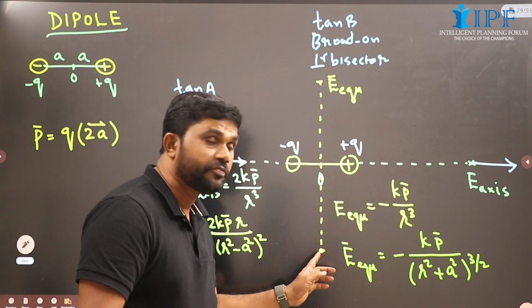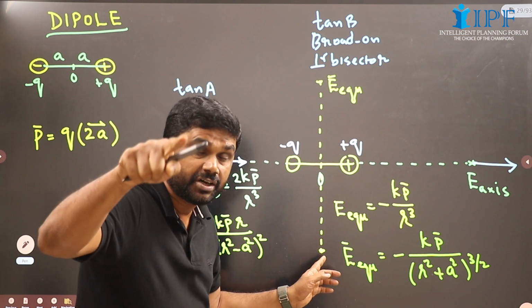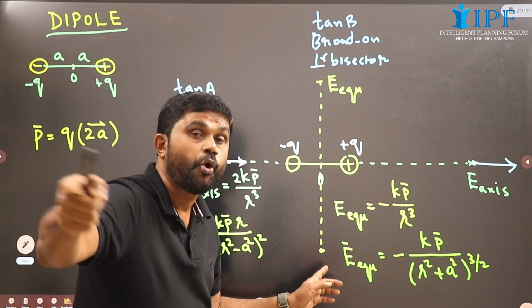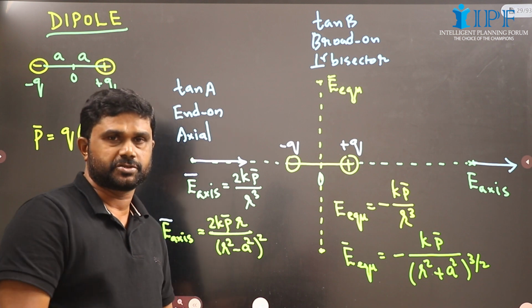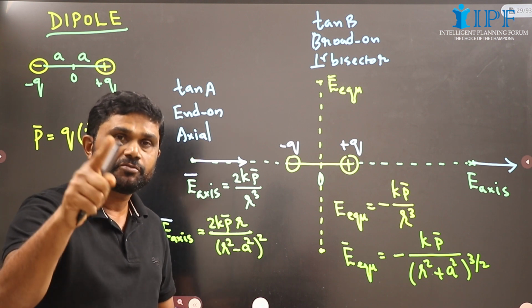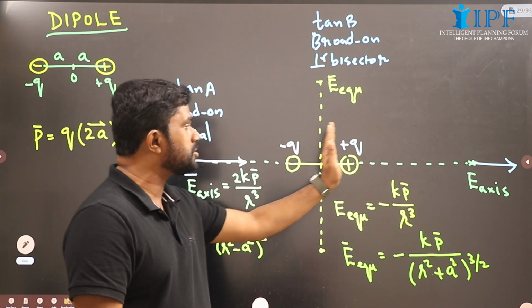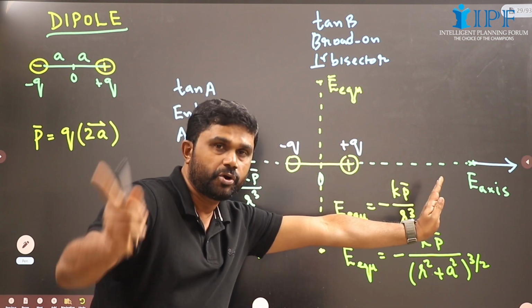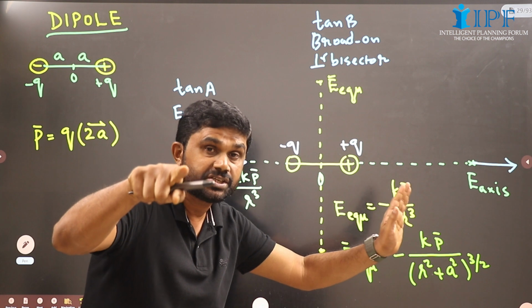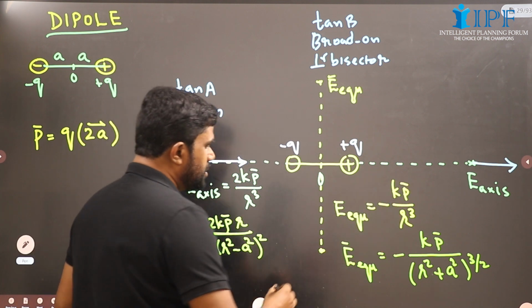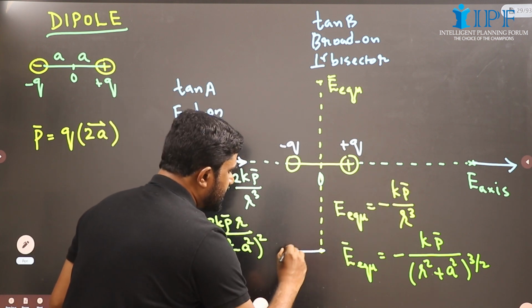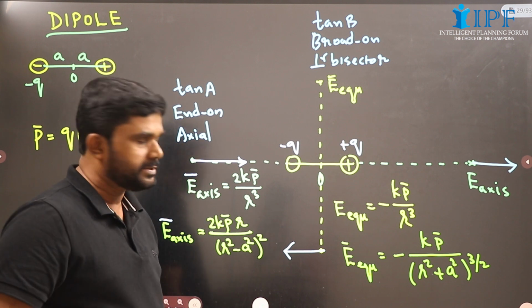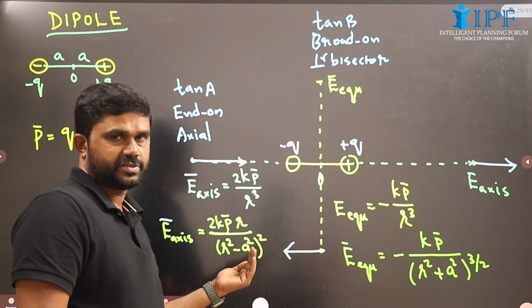Means the intensity of electric field anywhere on the equatorial line is opposite to the dipole moment. Dipole moment is from negative to positive, means from this charge to this charge. So this is the direction of dipole moment. So on the equatorial line, intensity of electric field must be opposite. So at this position, electric field intensity must be, see, right to left.